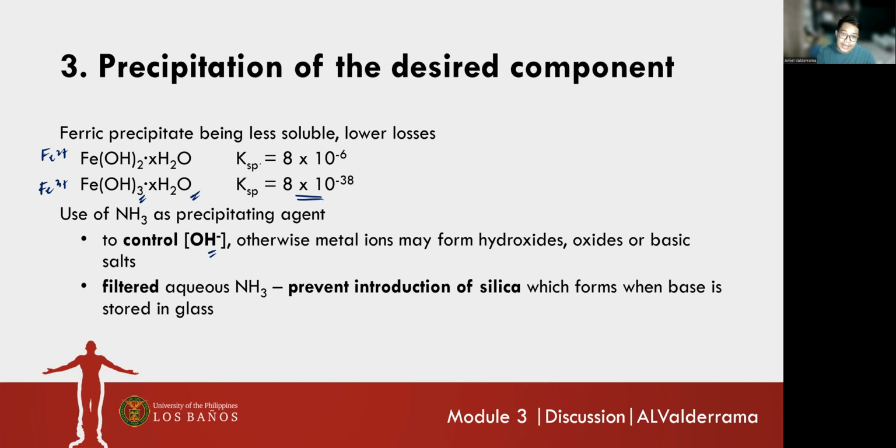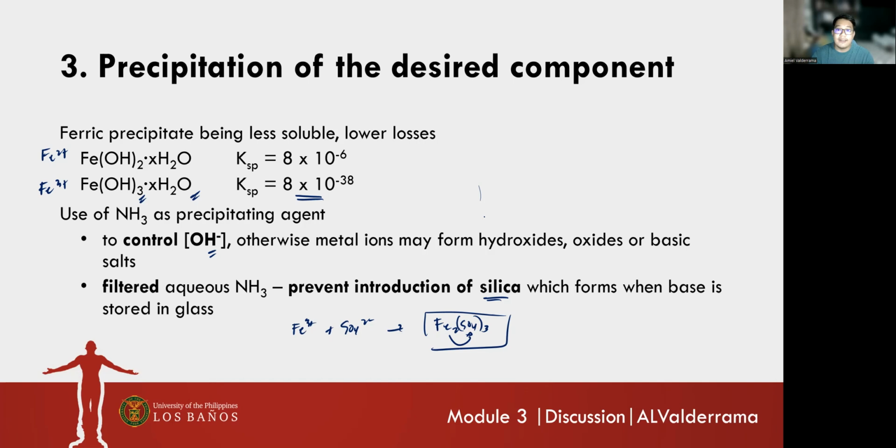And why do we have to filter the aqueous ammonia solution? It is to prevent the introduction of silica. Because if you didn't filter it prior to use, your NH3 may have silicates or SO4 2-. And this SO4 2- can react with your Fe3+, forming Fe2(SO4)3. Okay? So kapag na-form tong ganitong kind of salt, ano nangyayari? We cannot account for the iron that binds with SO4 2-.